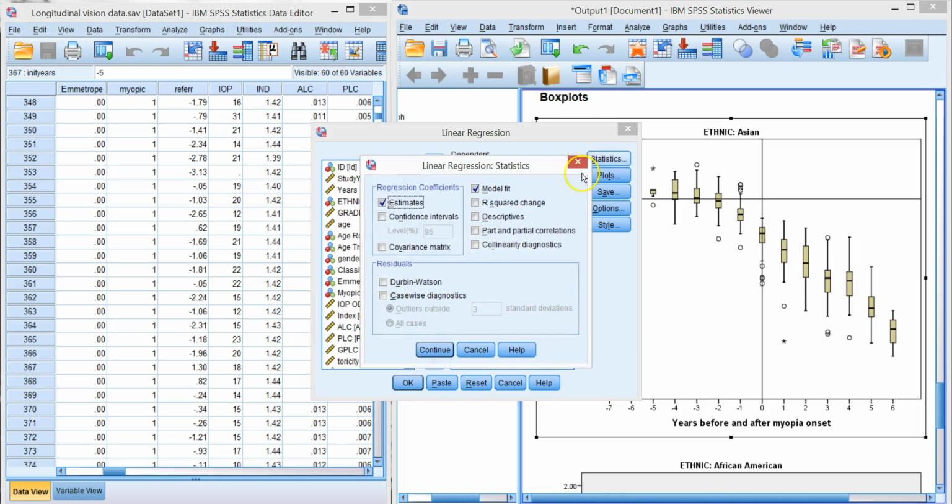We also get to choose some statistics, although most of these are really relevant for the multiple regression. So we could add descriptives, which would give us the means for our variables, and we could do case-wise diagnostics, which are helpful if we want to identify outliers outside 3 standard deviations.